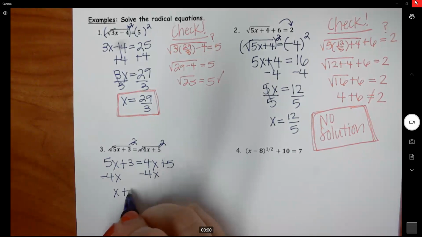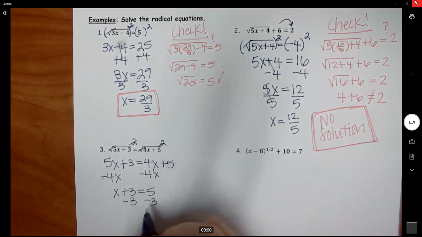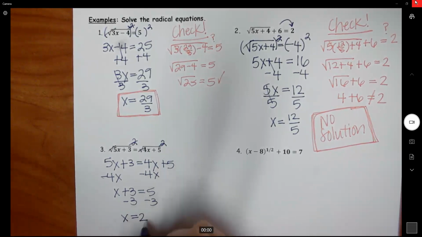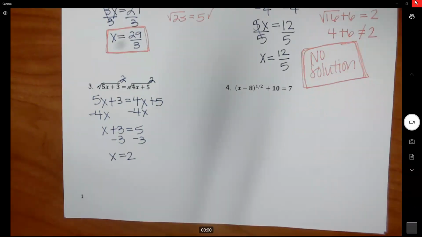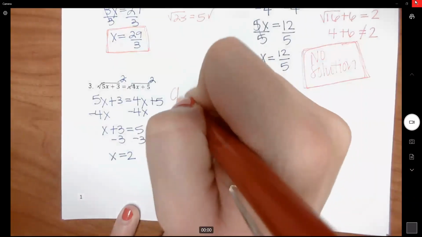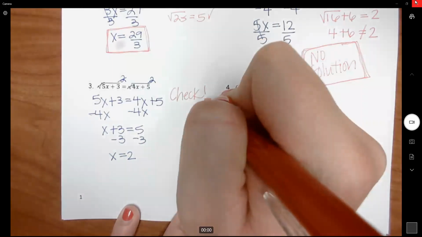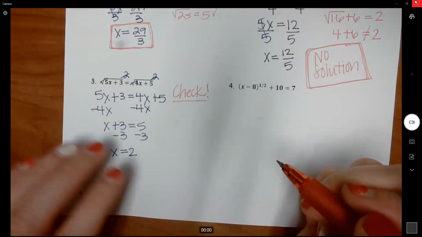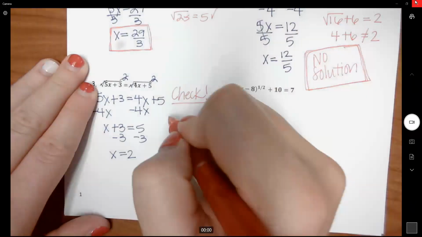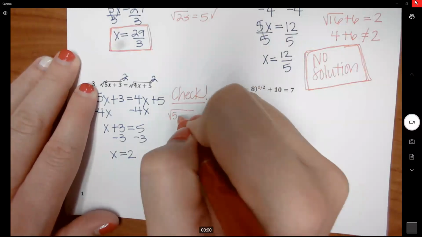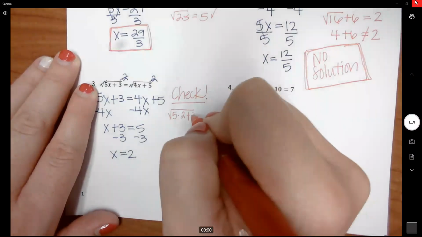We get x plus 3 equals 5. Subtract 3. And x equals 2. We are not done because we need to check. So plug it into the original. We have 5 times 2 plus 3.